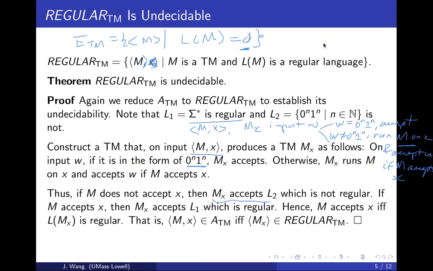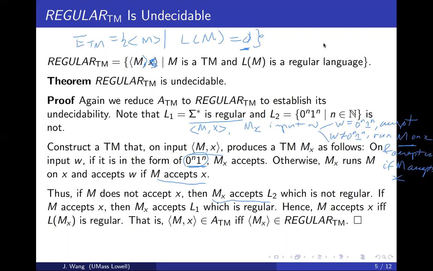If M accepts x, now remember M sub x always accepts this, so if M accepts x, then M sub x accepts any w. That means M sub x accepts sigma star, which we know is regular.